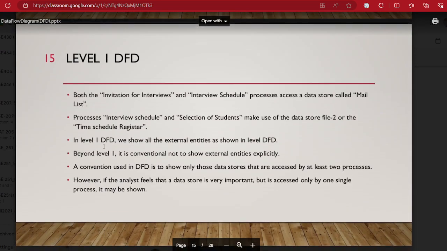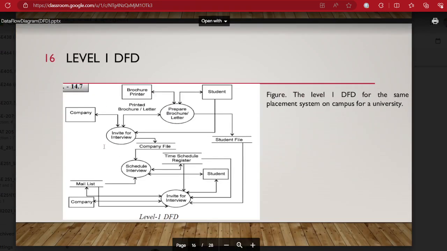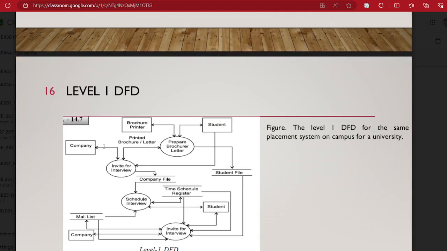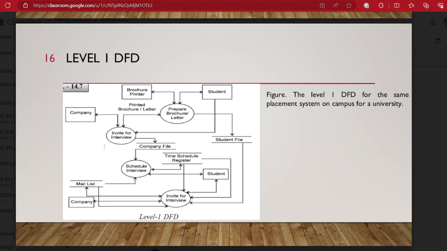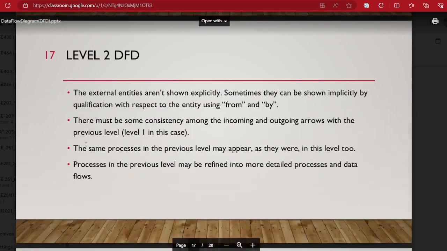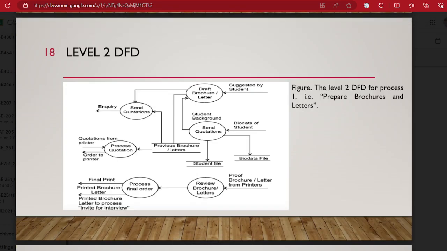And in the exam, it's expected that you will be asked to draw the level 0 DFD and level 1 DFD only, because if you draw these two diagrams, your allocated time will not allow you to go for level 2 DFD. But as we can expect, level 2 DFD is going to be more detailed than level 1 DFD, right?